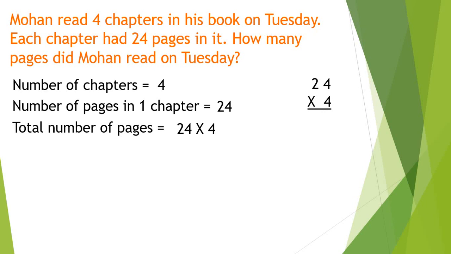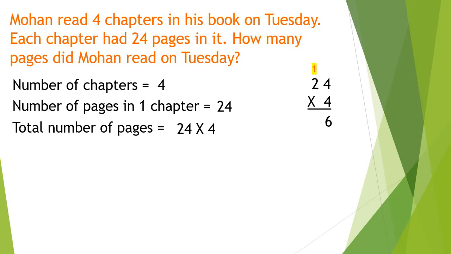In this we are going to take the table of 4, and let's start from the ones place. 4 fours is 16. Now we will not write 16 together. We will carry 1 to the next number, that is above 2, and 6 we will write down.